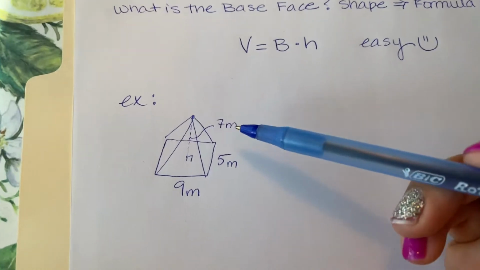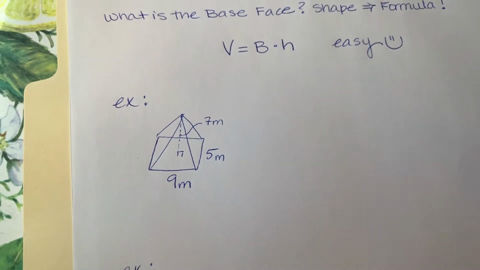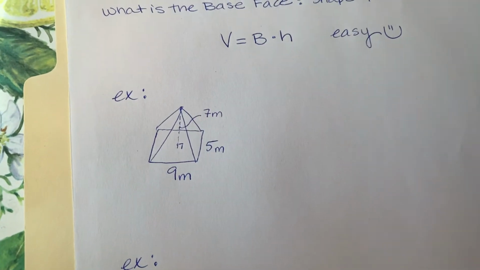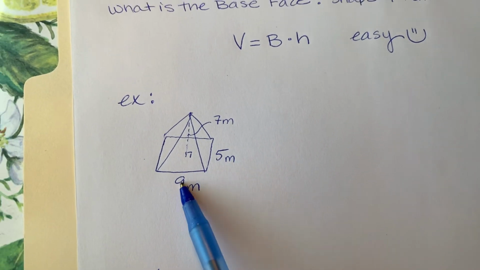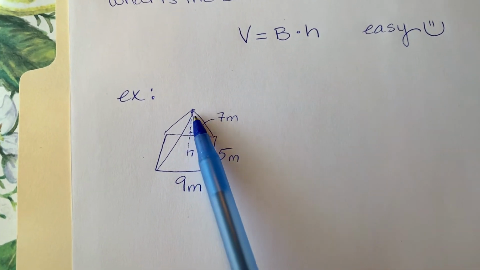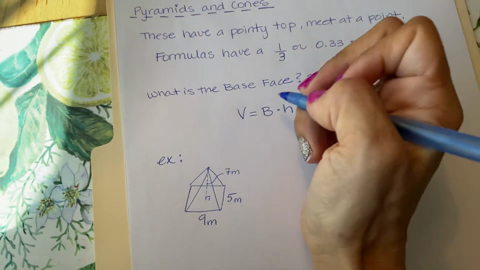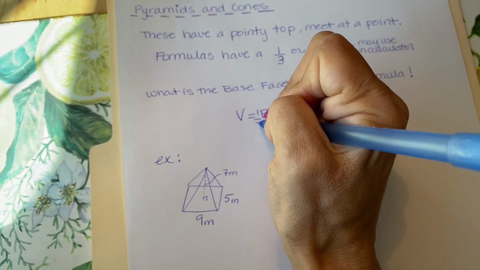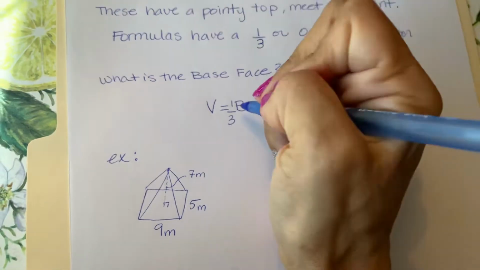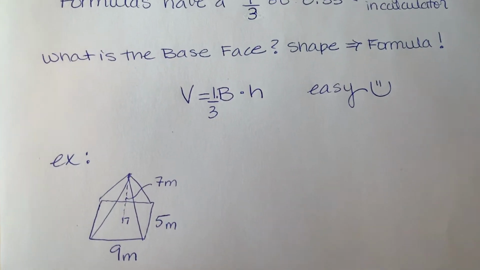When you look at this pyramid, it has a little pointy top, right? So it's like you put your little finger right there and it's a pointy top. Again, because it has the pointy top, you're going to have a 1/3 here. It's going to be 1/3 base times height.